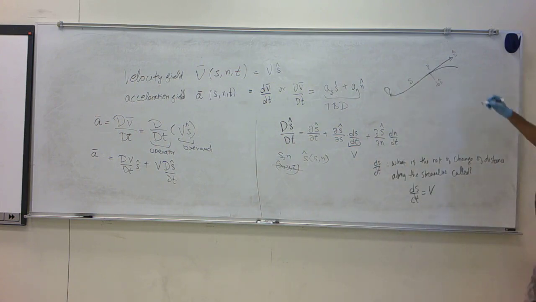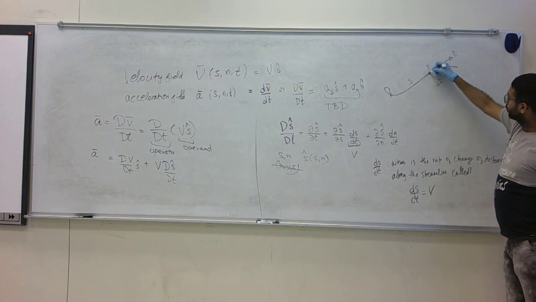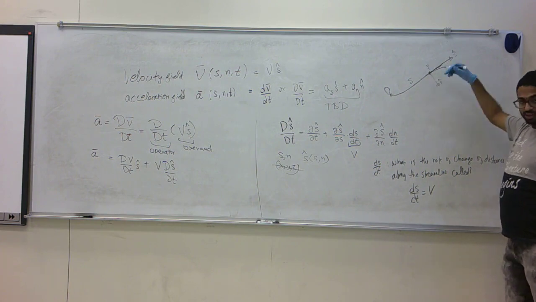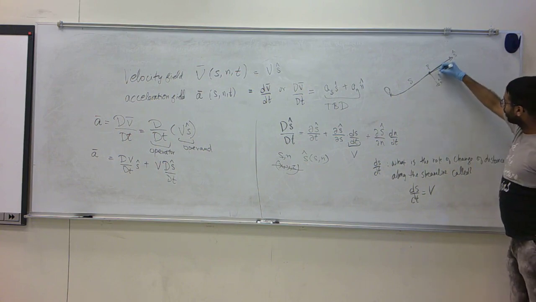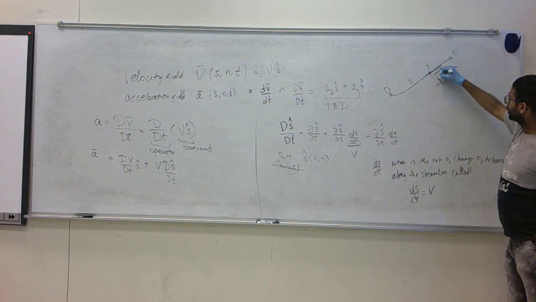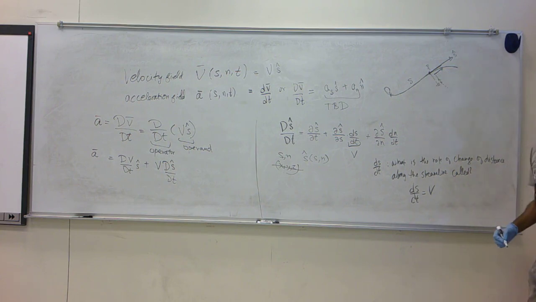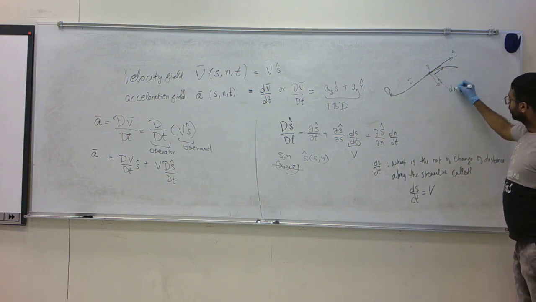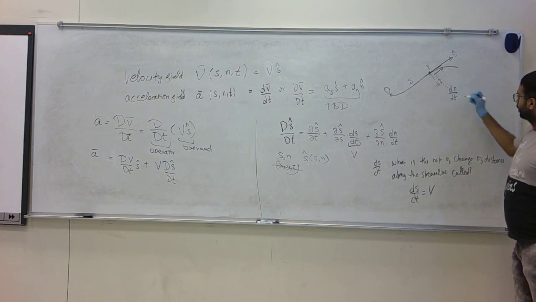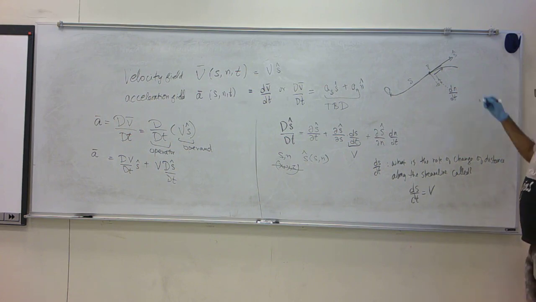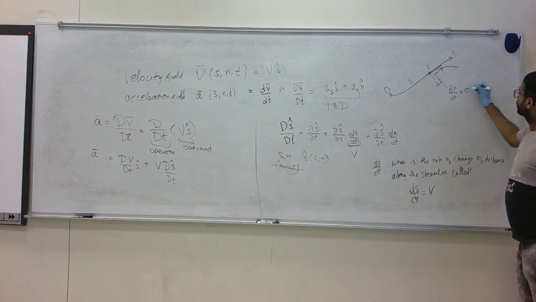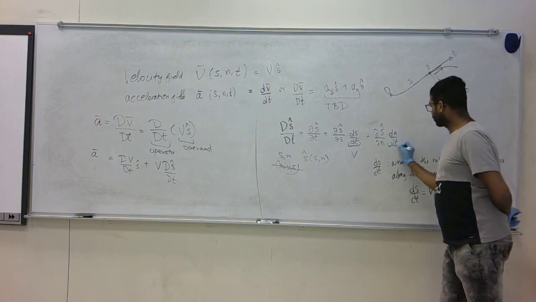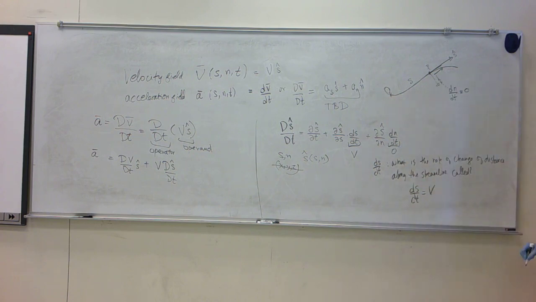Then by definition, the fluid's velocity is all directed along the streamwise direction. By definition, it is not moving along the normal direction. That is, if I am moving this way, I cannot be moving in the perpendicular direction. So the rate of change of my normal position is 0, so this term here is 0.